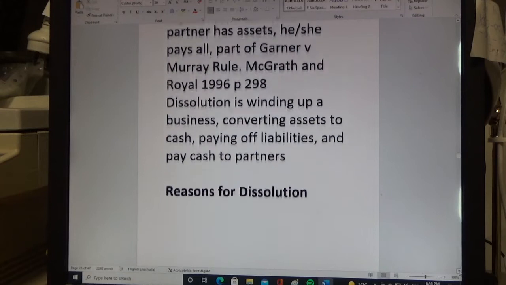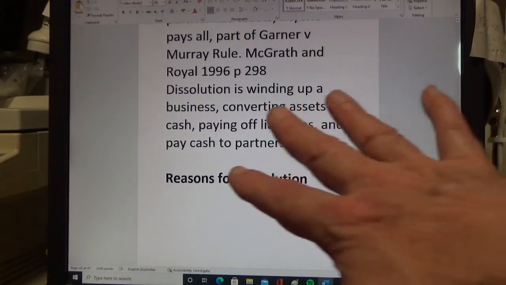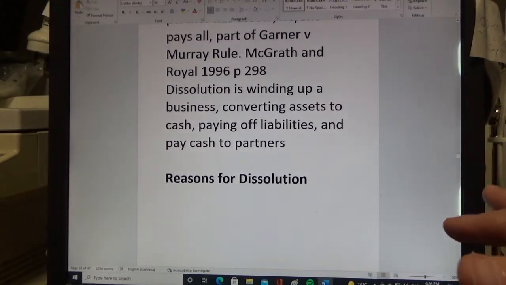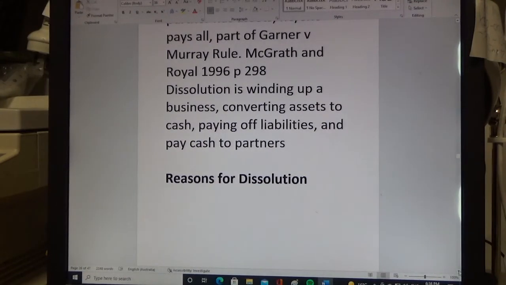And just a summary, the dissolution is winding up a business, converting assets to cash, paying off any liabilities, loans that the partners might have given the partnership, settling all this, things like your creditors or your liabilities.